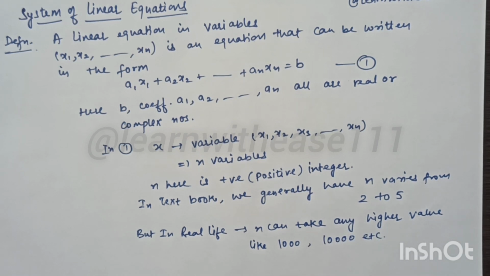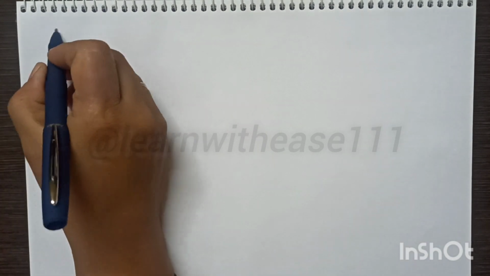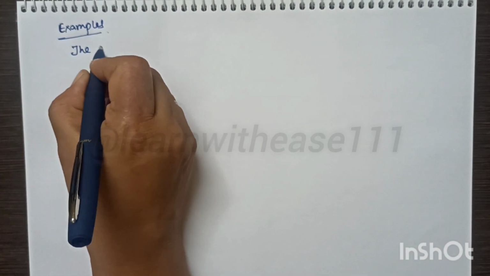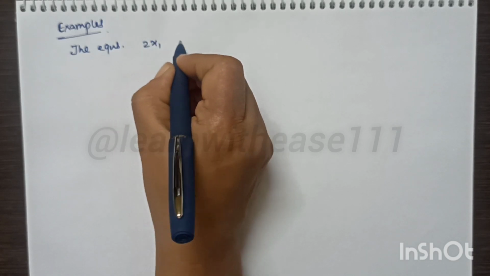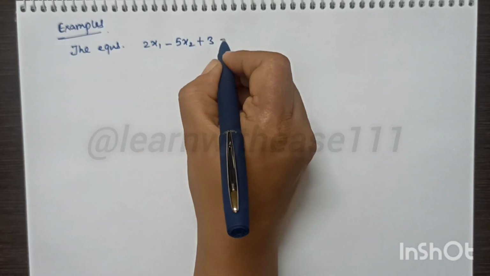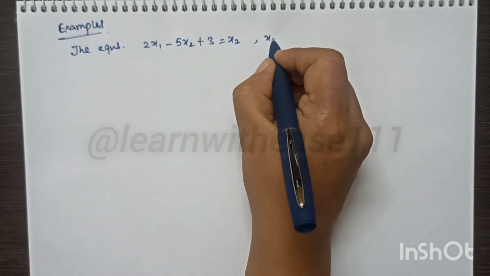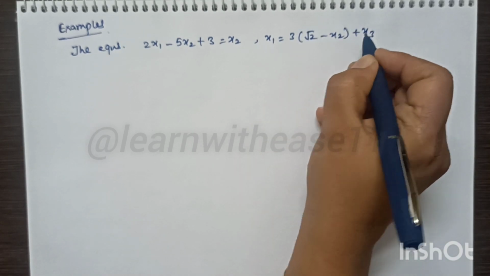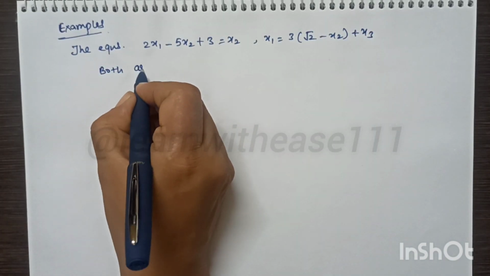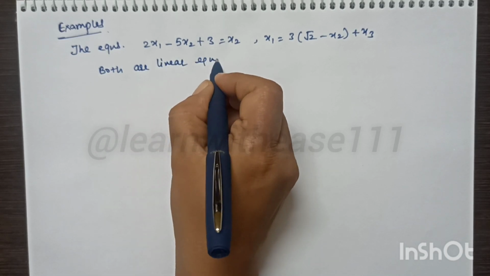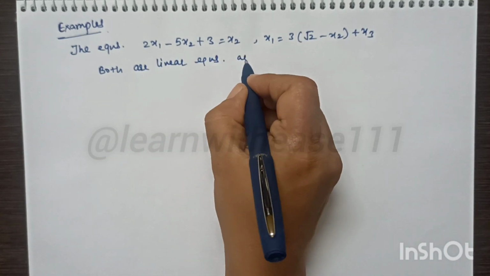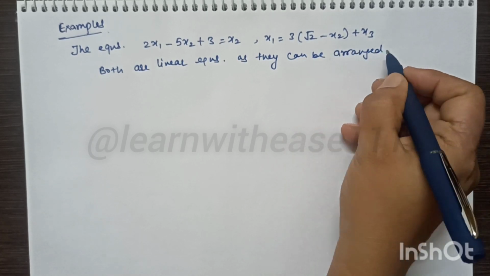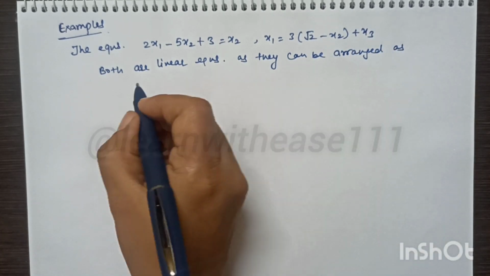Examples are, suppose the equations are 2x1 minus 5x2 plus 3 is equal to x2 and x1 is equal to 3 times root 2 minus x2 plus x3. Both are linear equations as they can be arranged in the form which we have discussed above in equation 1.